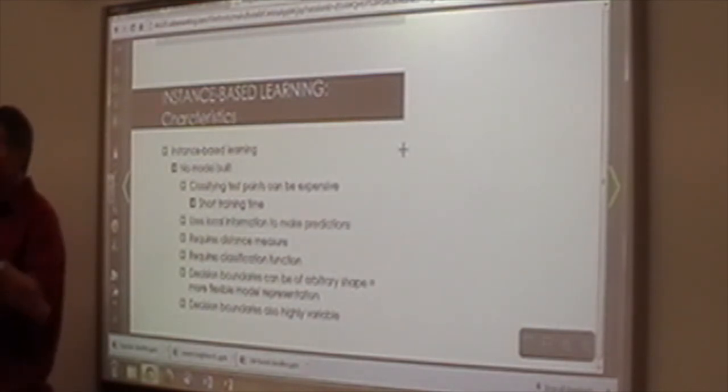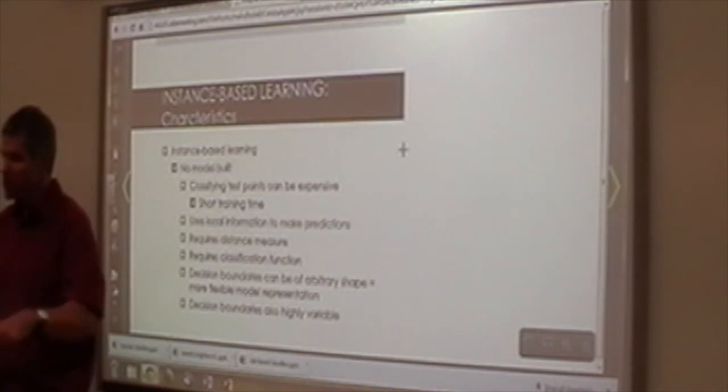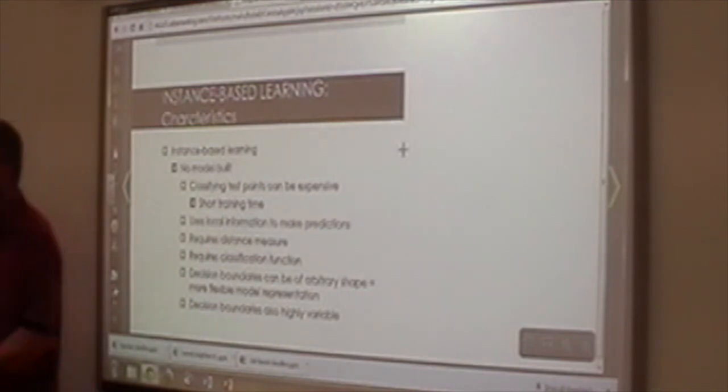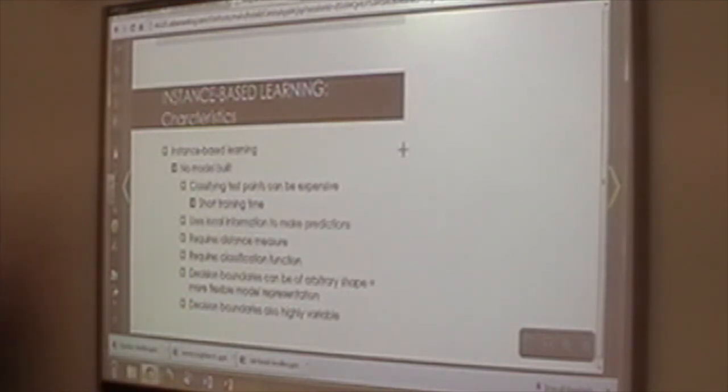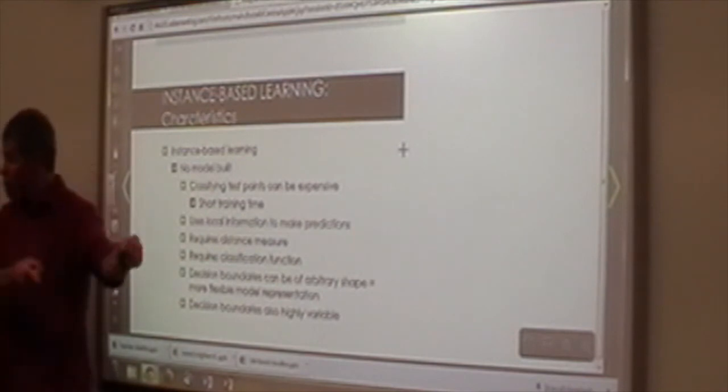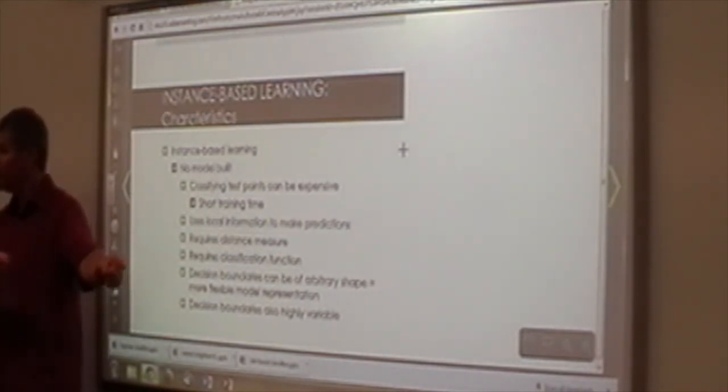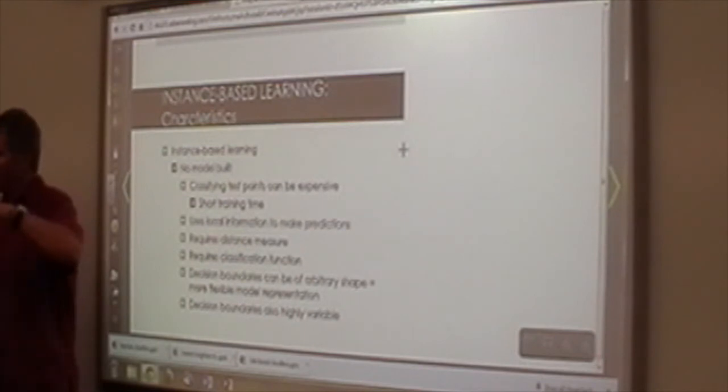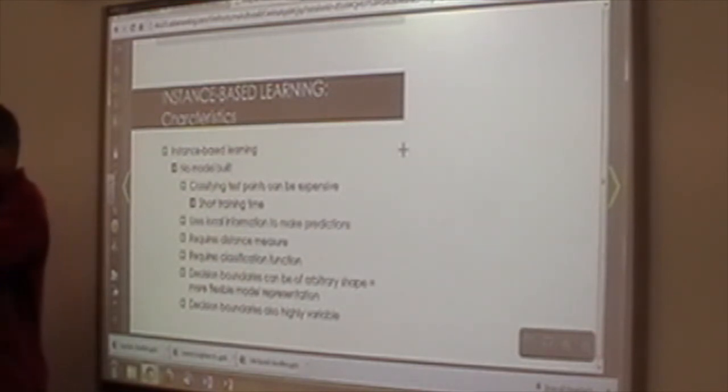Instead, you have to find your k nearest neighbors for your first test instance. Now you have another test instance. You have to repeat that process all over again. The model building is cheap for instance-based learning because there is no model. You're just storing your training set. But using your training set to obtain classifications is expensive. You see the difference there?